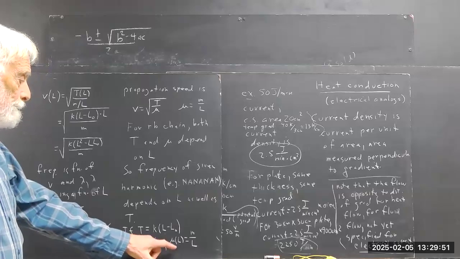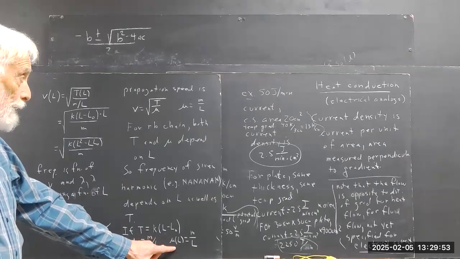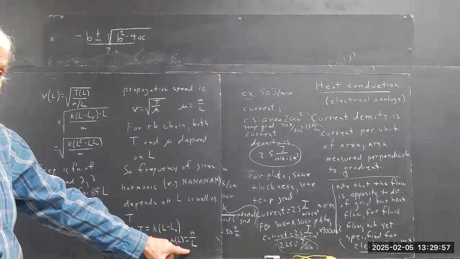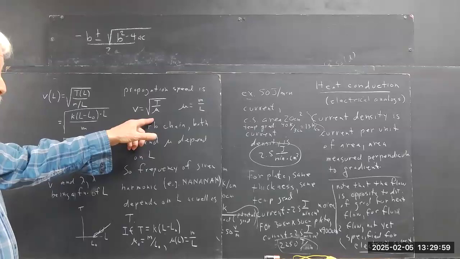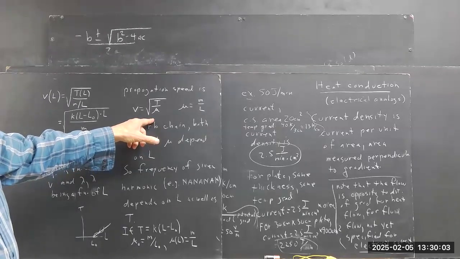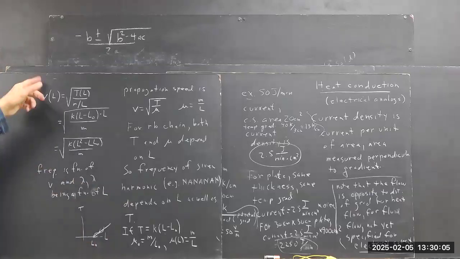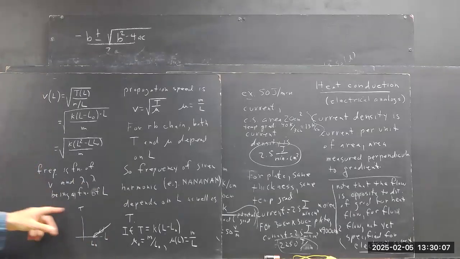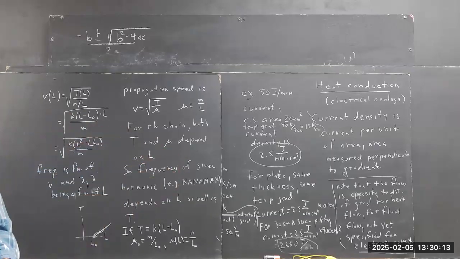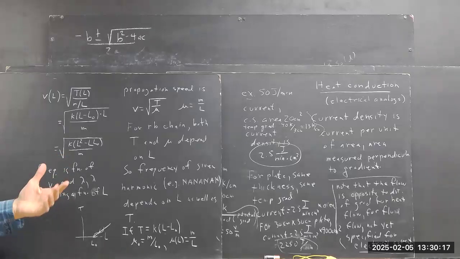Then again, your mass density depends on the length, so it's not constant anymore as it is in the problems in the introductory set. Then you get into a relationship like this, then you have to worry about the frequency of these waves, but the connections are all pretty simple and straightforward. The derivative of this function with respect to L becomes important.